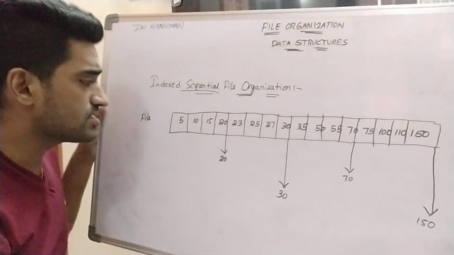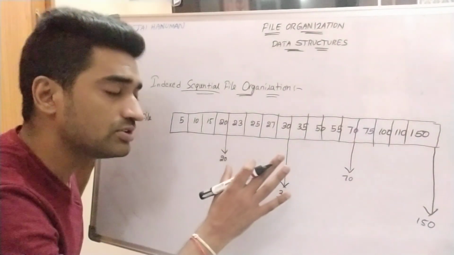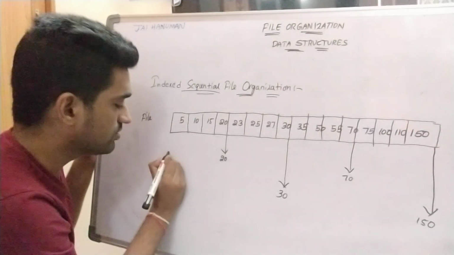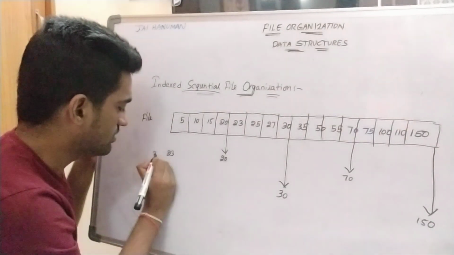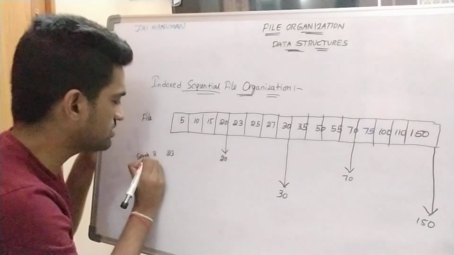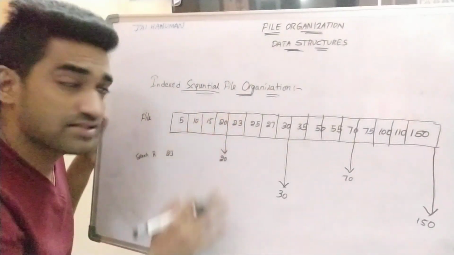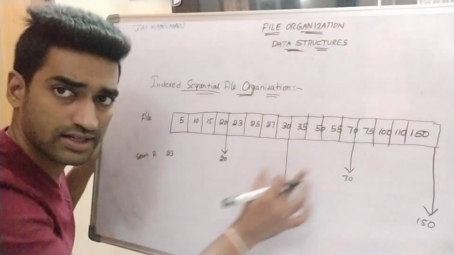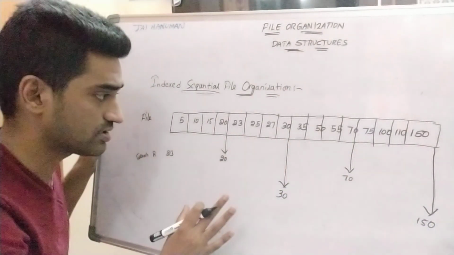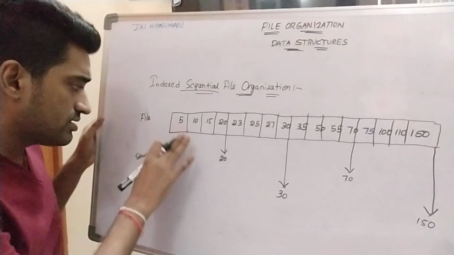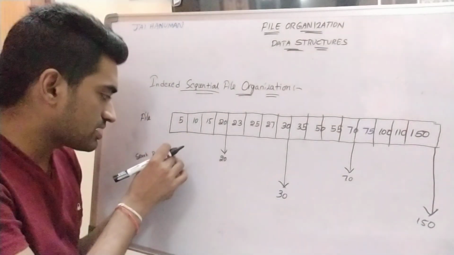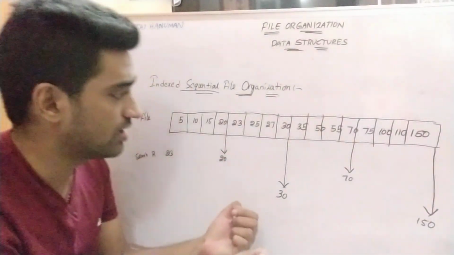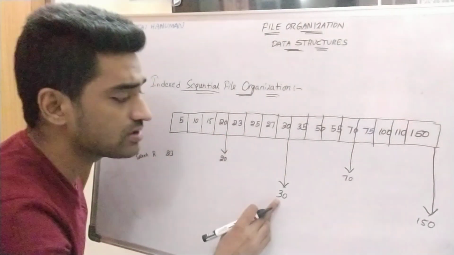Right? So here, what is the general process? For suppose if I want to search record 23 in this group by using indexed sequential file organization. First of all, I put some lower index and higher index to group some values, right? In this process, the searching record is compared with the higher index value. What is the first higher index value? 30.